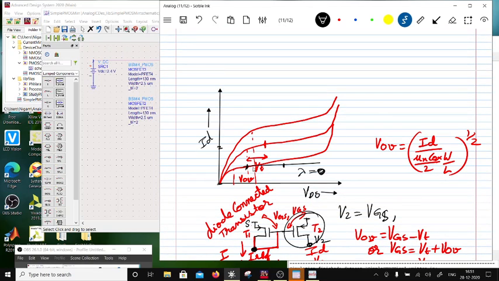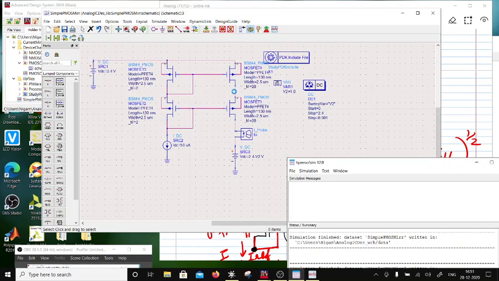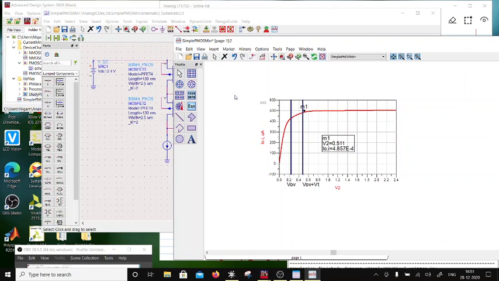The MOSFET is going to provide the same output resistance as the resistor, but without dropping much of the voltage across it. So that's what is happening over here. If I simulate it, once you hit roughly over here, you hit 500, but after this there is no bearing on this.